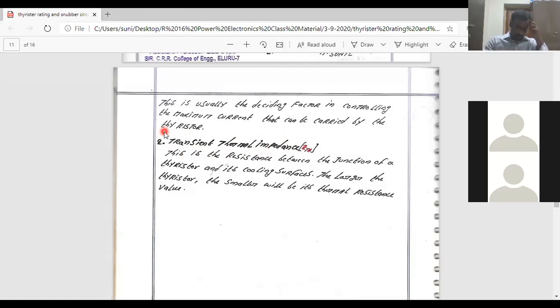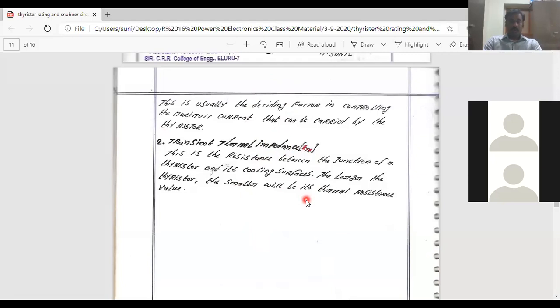One thing to be identified here: the thyristors will never be placed individually. When they are connected in a circuit, they are mounted onto a heat sink, a metallic surface made of aluminum or some other alloy for dissipating the heat.